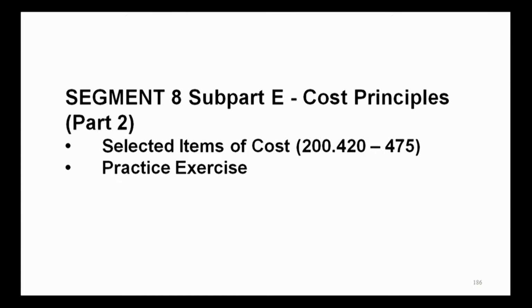Okay, so in this segment we're going to be covering selected items of cost from 420 to 475. These were previously in the old document, OMB A-87. I think it was Appendix B, and it had all of the items of cost listed there in categories.